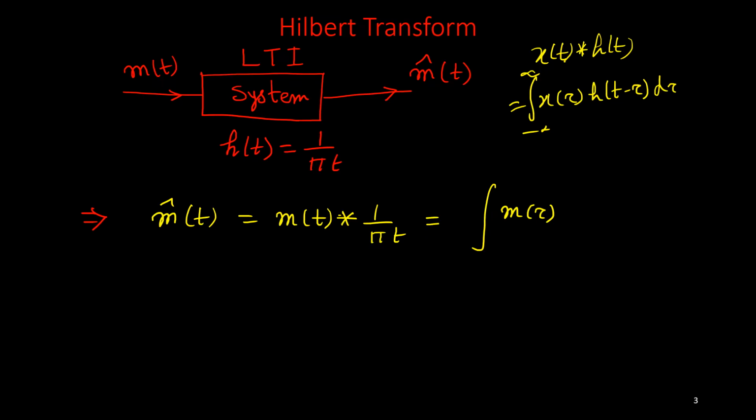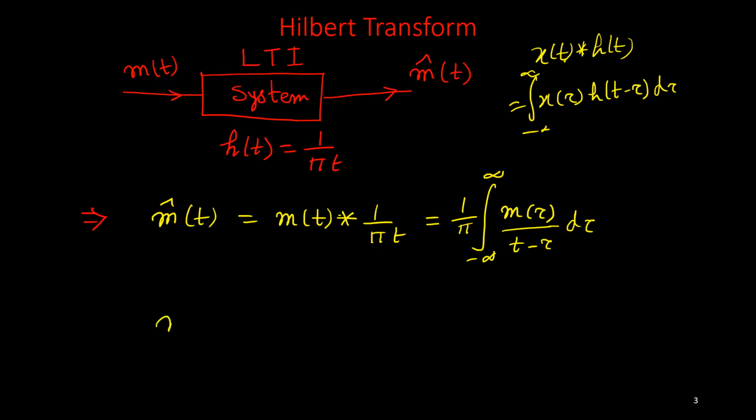So 1 upon pi, pi is a constant, that I can take outside, 1 upon pi, and t is replaced by t minus tau because h of t minus tau. So this is your t minus tau in the denominator, and you need to integrate it with respect to tau for the entire range, minus infinity to plus infinity. So this is the transformation.